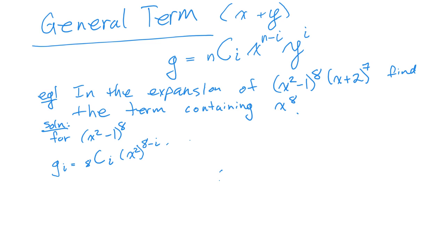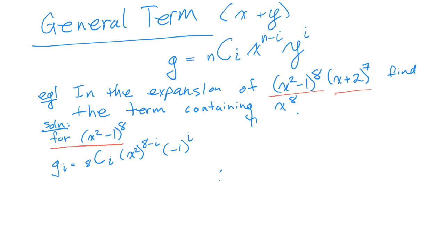And then we have negative 1 raised to the i. And that's what we have for our first portion of our multiplication of these two exponential expansions.